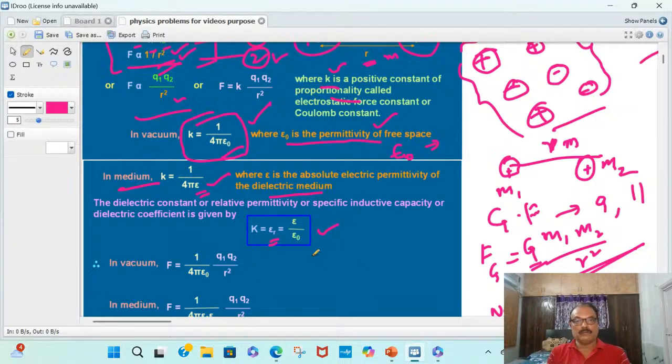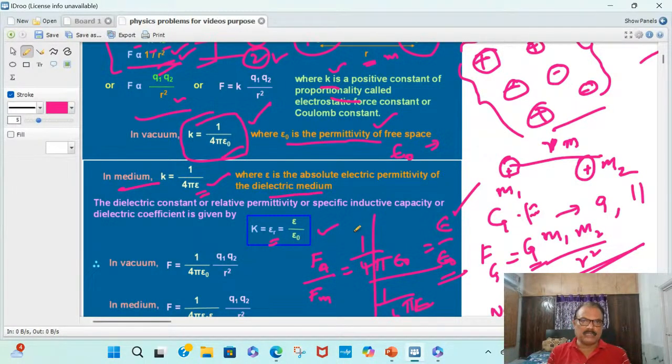The force in air divided by the force in medium: Q1 Q2 by R square will get cancelled. Only 1 by 4 pi epsilon will be here and again 1 by 4 pi epsilon, so 4 pi cancels, and you will get epsilon by epsilon naught. Epsilon naught is free space, epsilon is the permittivity of the medium.